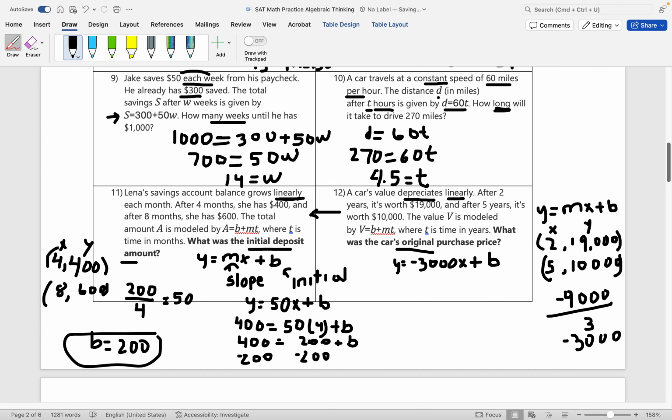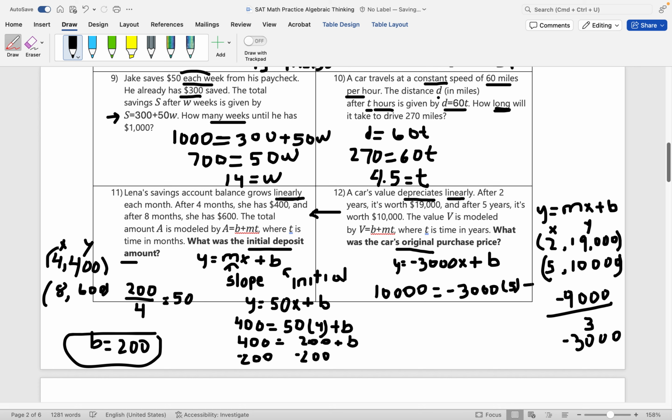Now remember step 2, we're going to substitute x and y with one of these points, and that's going to give me my b. I'm going to use the second point just because I don't like 19, I like 10 better. So y is 10,000, and that equals negative 3,000 times x, and x is 5, then plus b.